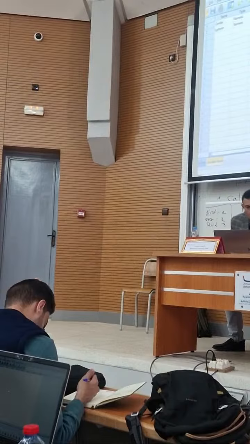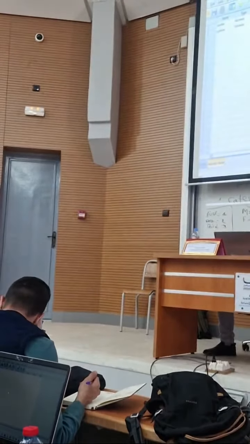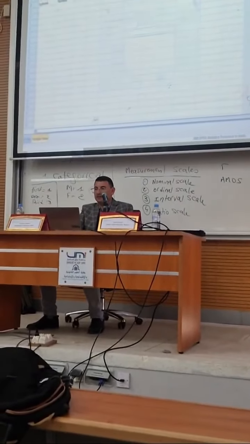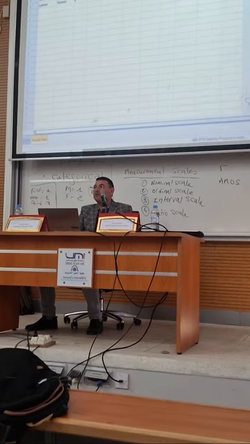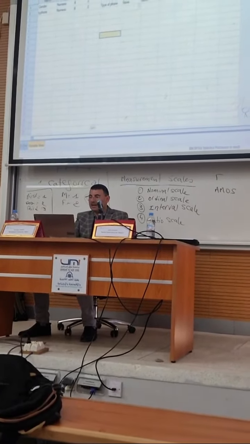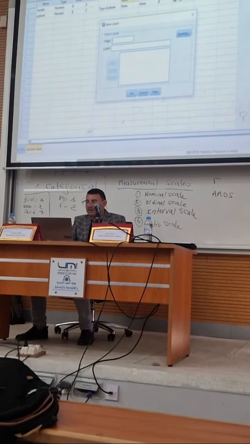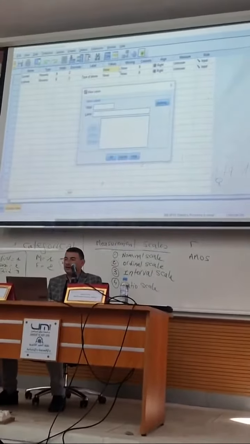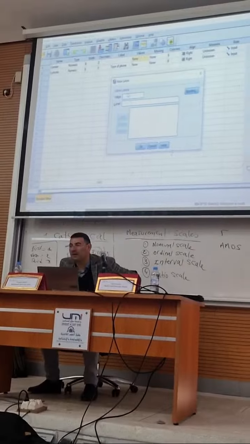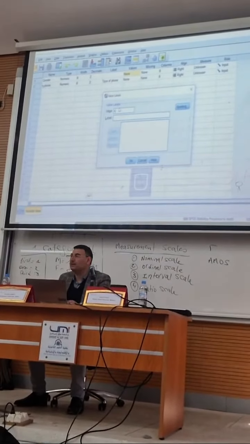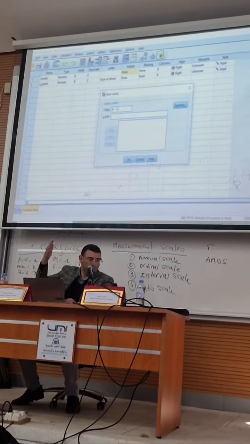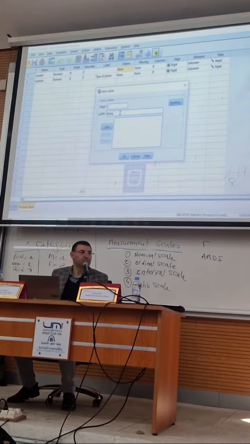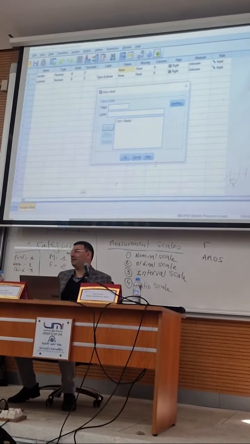So, for gender, look at this. For value, I click here, and I have these 3 dots, and then I have value. We said 1 for male, and I write male, and I say add.